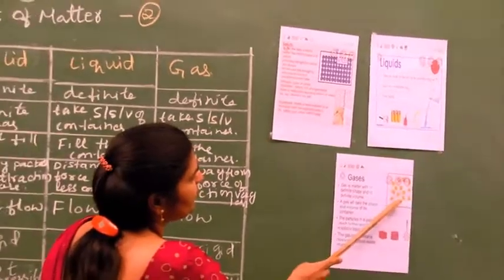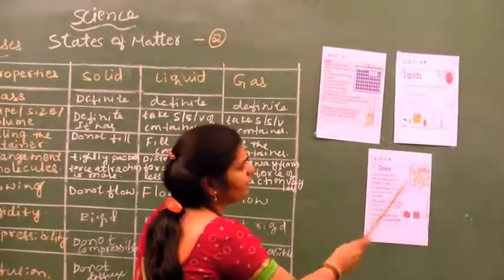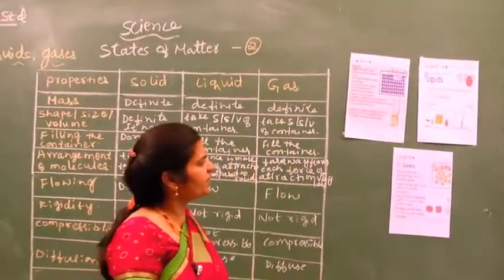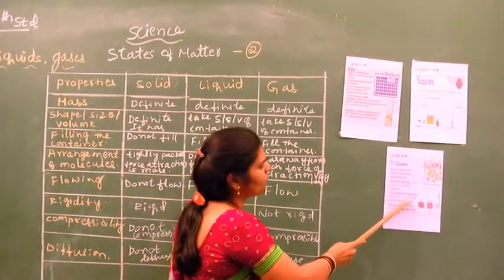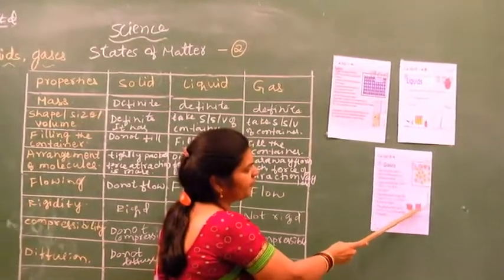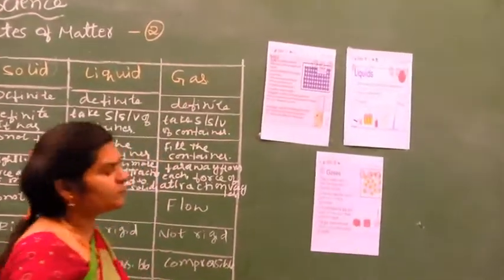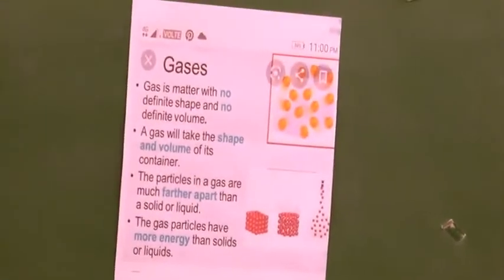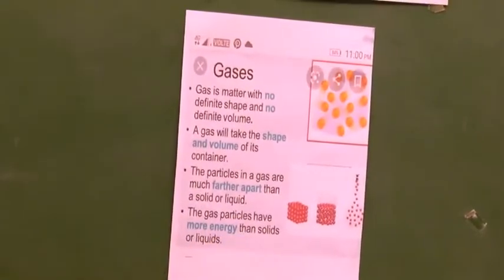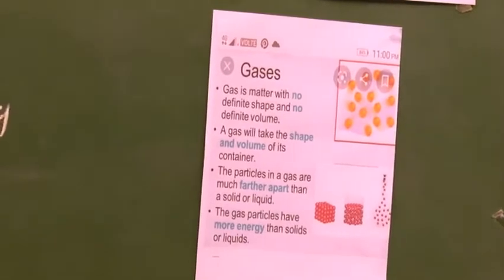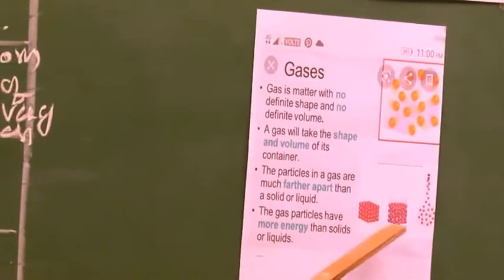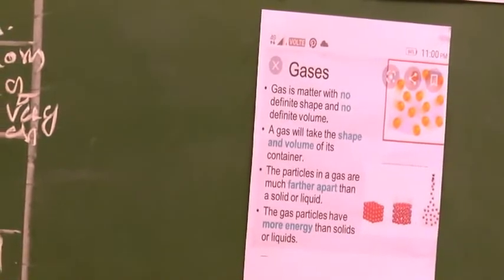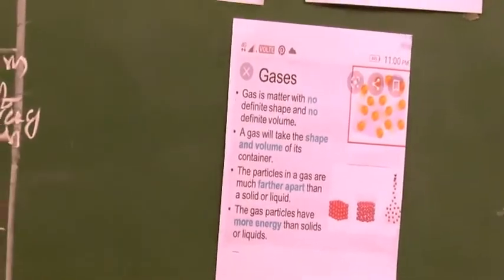So here, the particles are very far away from each other, and gases are going to move much farther. One thing in case of the gases is that they have more energy. The particles have more energy than the particles of solids and liquids, because these particles are free to move.